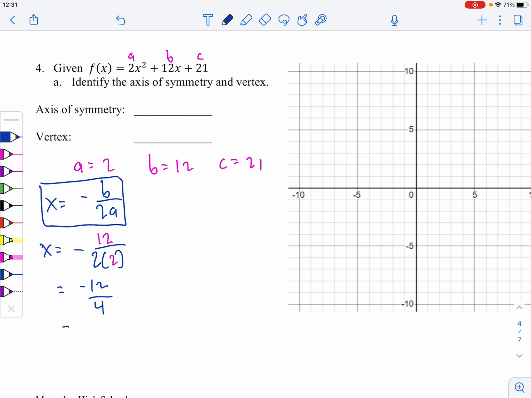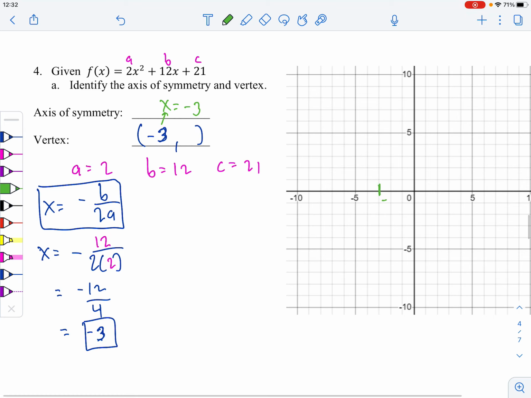So we get negative 12 over 2 times 2, 4. Negative 12 divided by 4, negative 3. That's the x value of our vertex, negative 3, and that also gives us the axis of symmetry, so x equals negative 3.